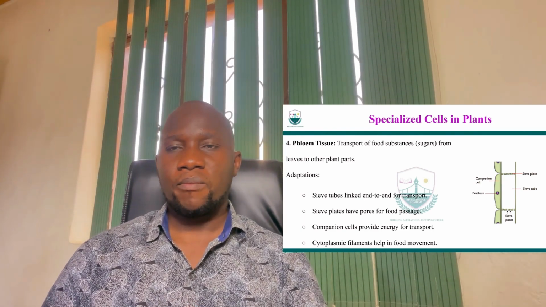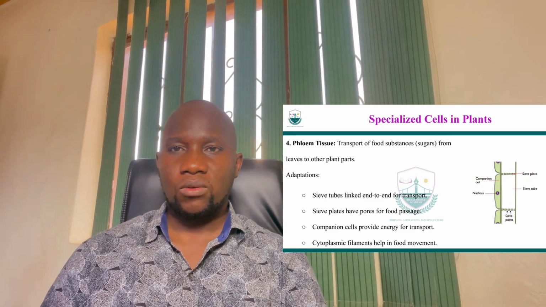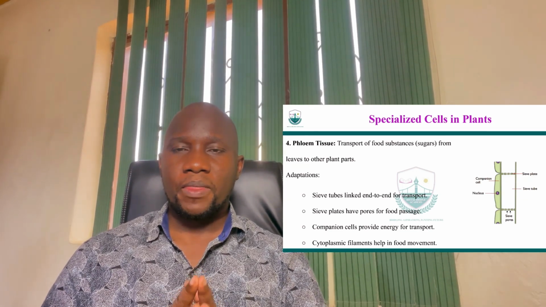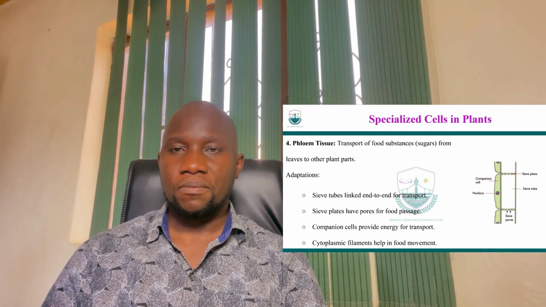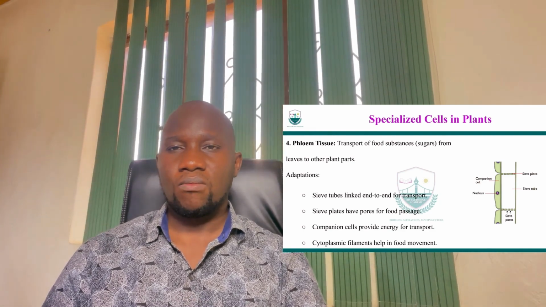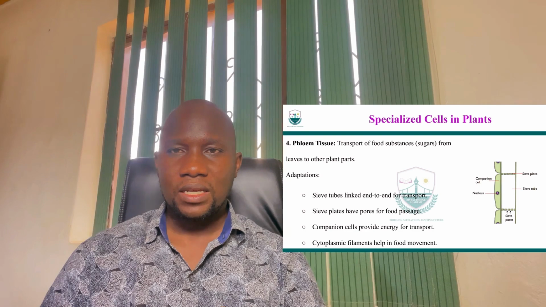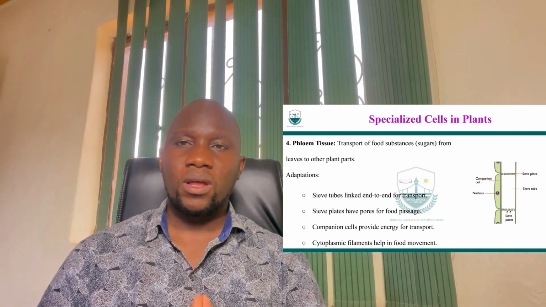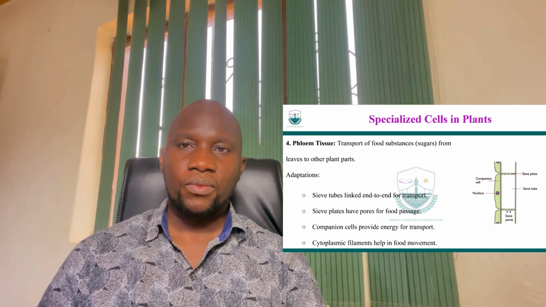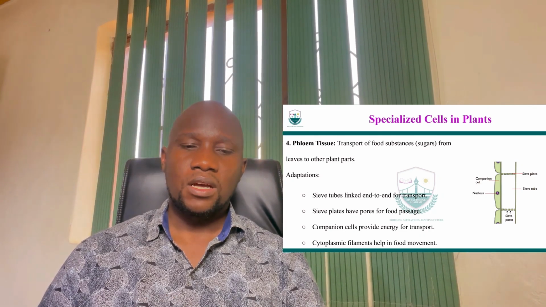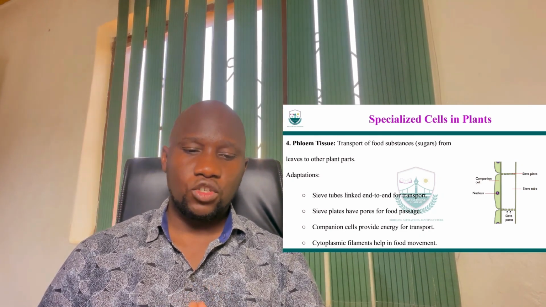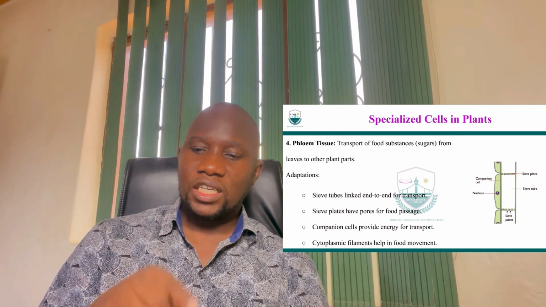Remember, plants make their own food. That means that they make their own starch, but this starch has to be moved to other places. So the phloem consists of tubes. We have what we call the sieve tubes. These ones are connected end to end.